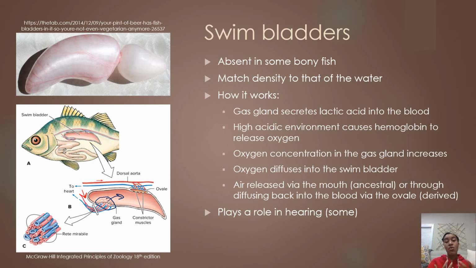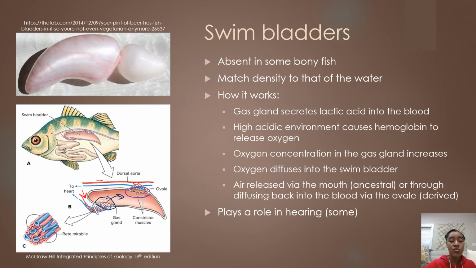One is a more ancestral mechanism where they will release the air from their swim bladder directly out of their mouths. And so you'll have these bubbles of air that'll travel up to the surface. Or the derived way is to diffuse the oxygen from the swim bladder into a structure called the ovale here.